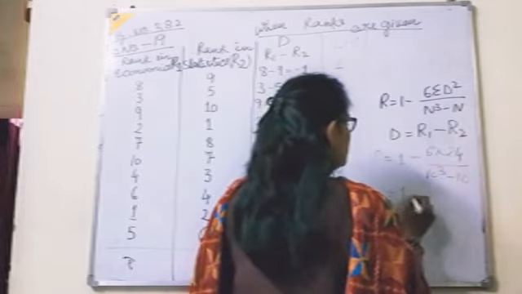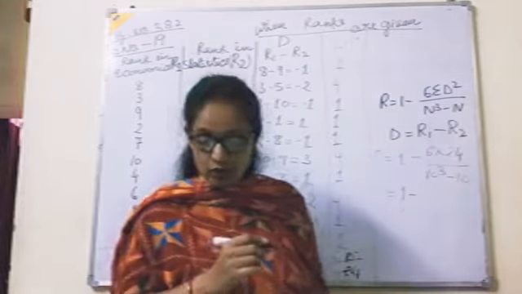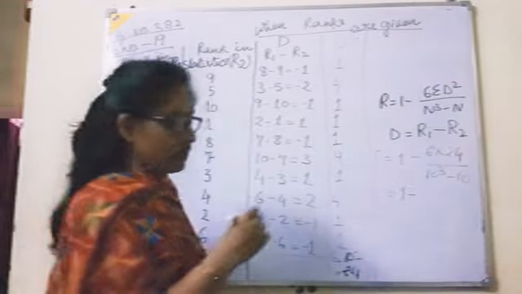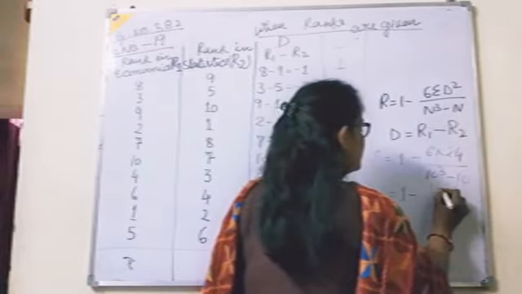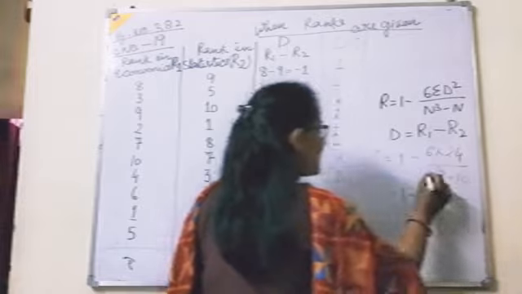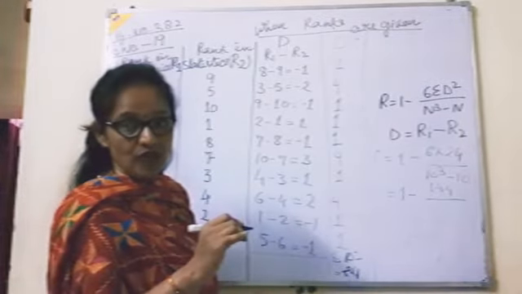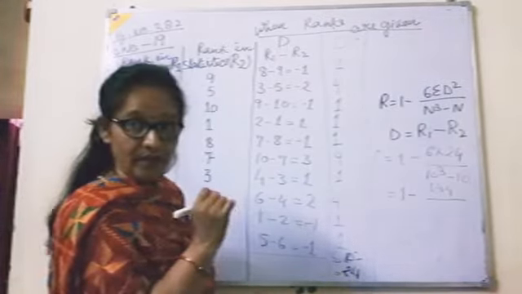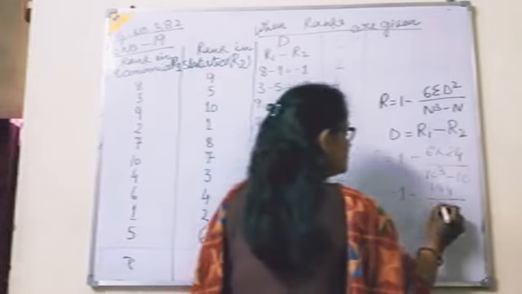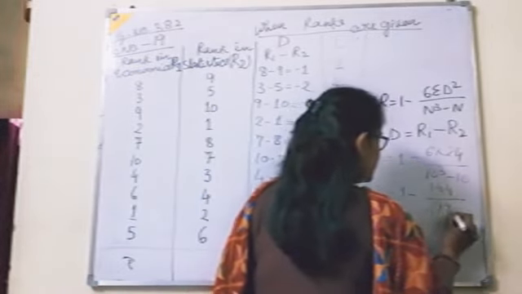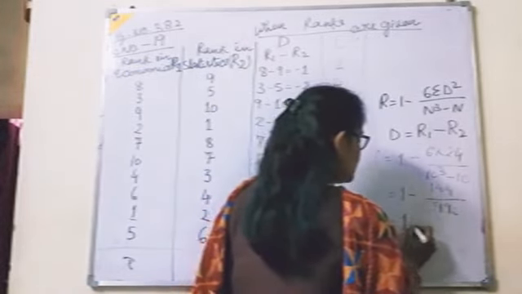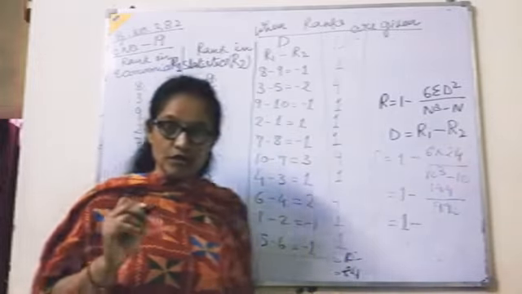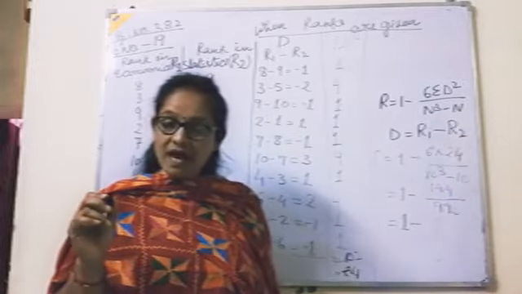So 1 minus 6 into 24, 6 into 24 will be 144, divided by 10 cube. 10 cube will be 1000. 1000 minus 10 will be 990. So we'll get 1 minus 144 divided by 990.